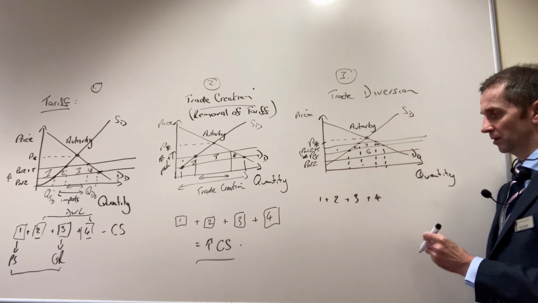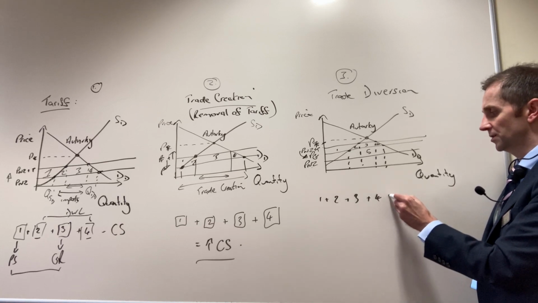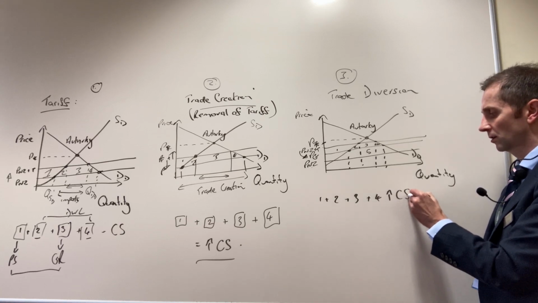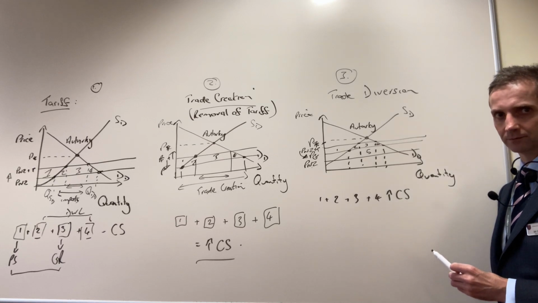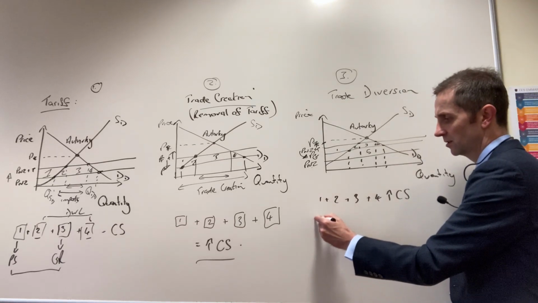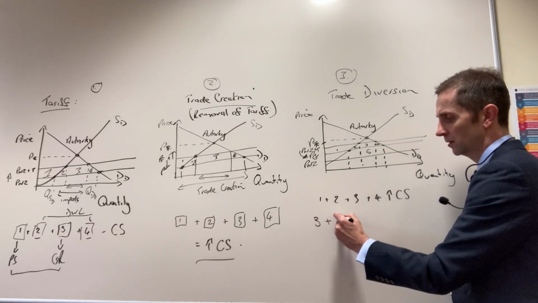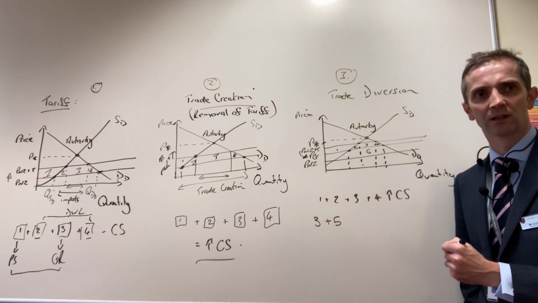Increase in consumer surplus, yeah. So that is equal to a rise in consumer surplus. Now, why is it that we're losing 3 and 5?